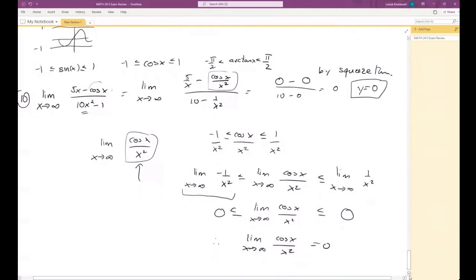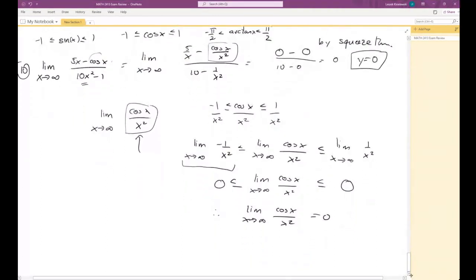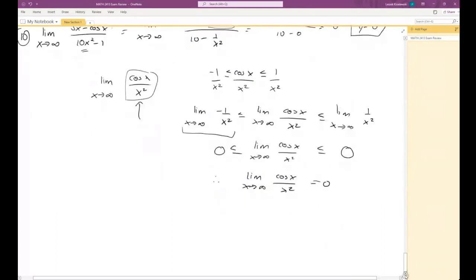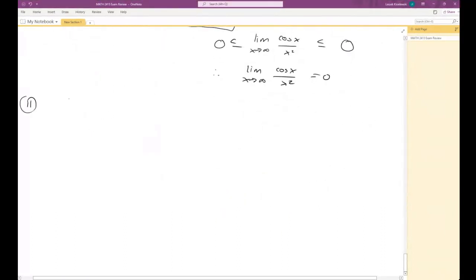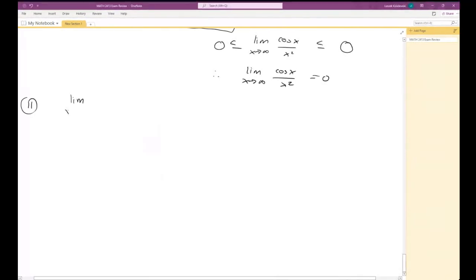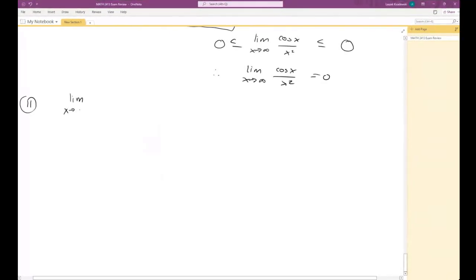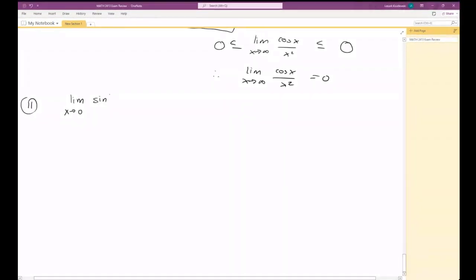Okay. I needed to mention that. Also, you could use the squeeze theorem even if it's not an infinite limit, right? So let's compute this limit. This is going to be another example of the squeeze theorem.